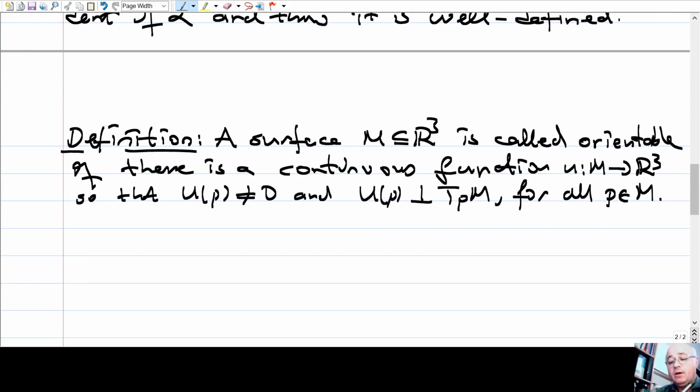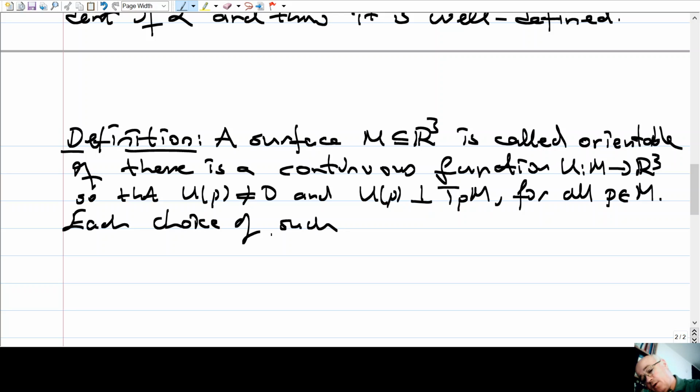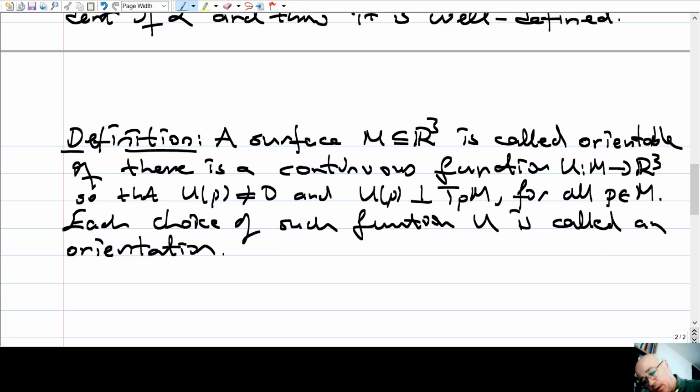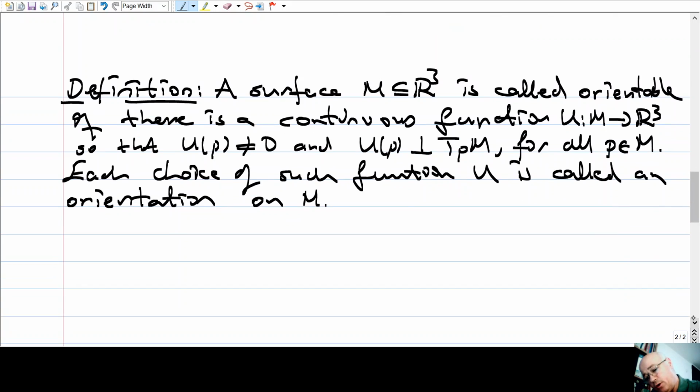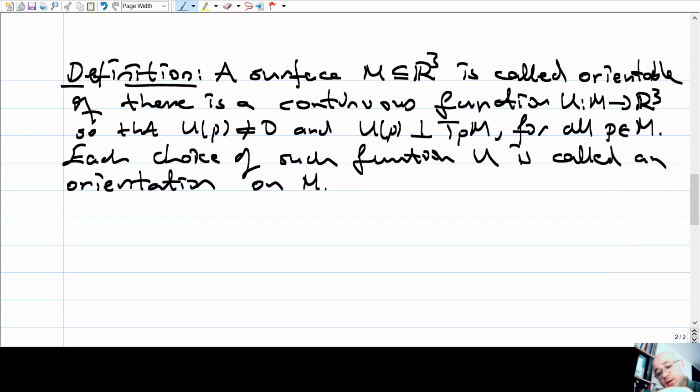Okay. Each choice of such a function u is called an orientation on M. Okay, what are orientable surfaces?